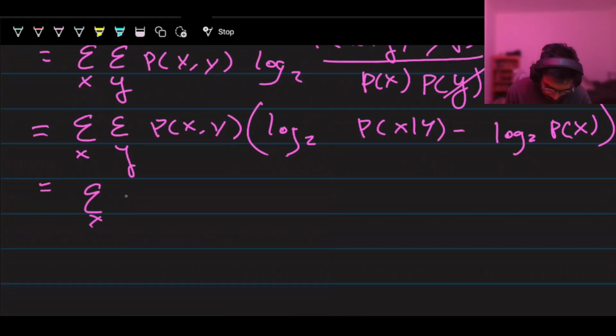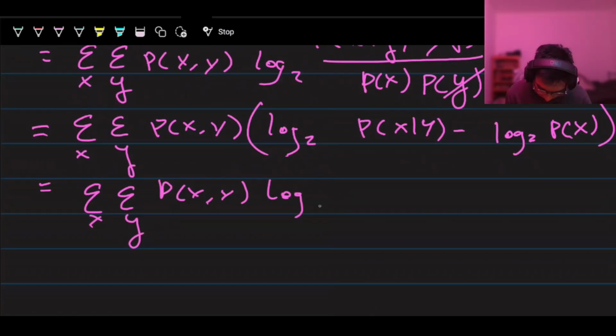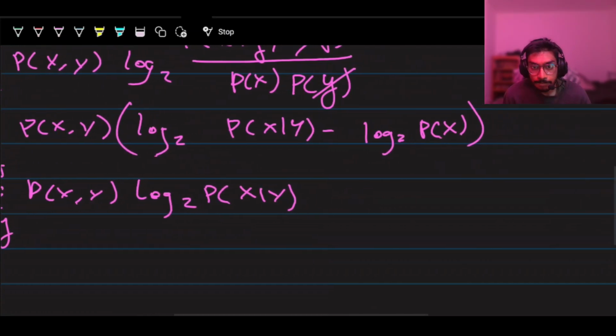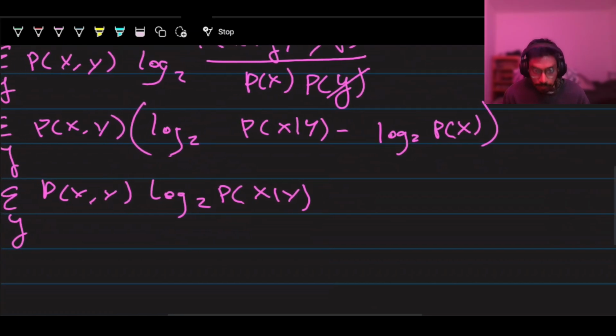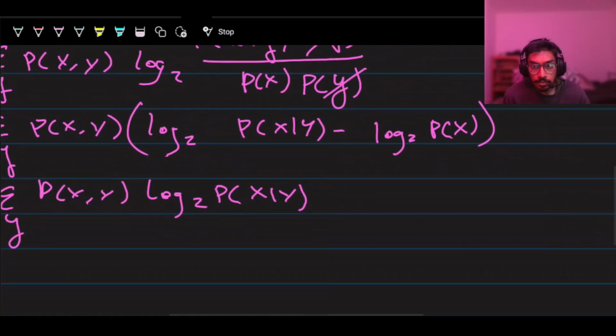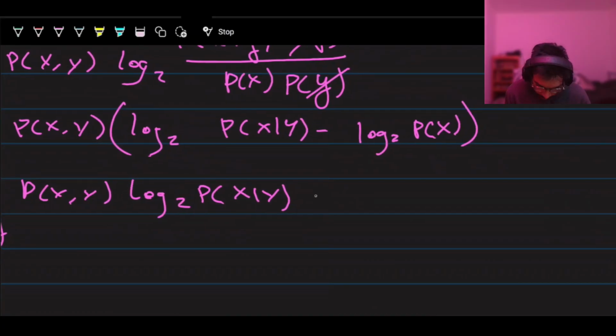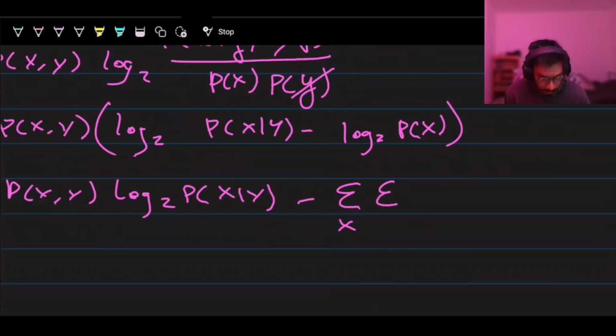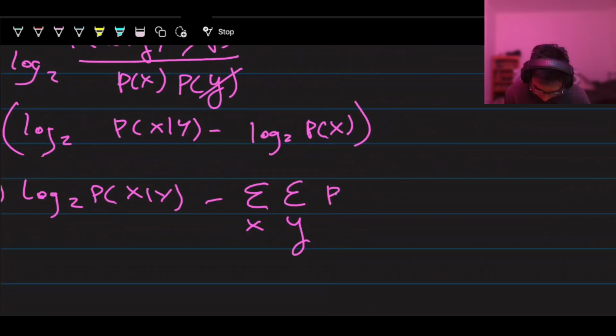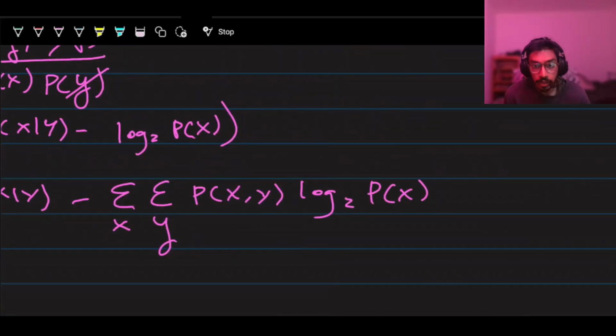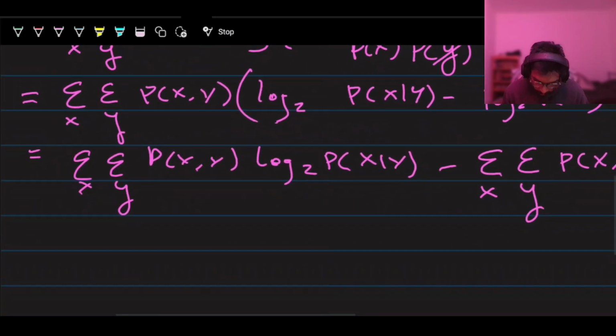So now we have the sum over x, the sum over y of p of x comma y times the log base 2 of p of x given y, minus the sum over x and y of p of x comma y times the log base 2 of p of x.